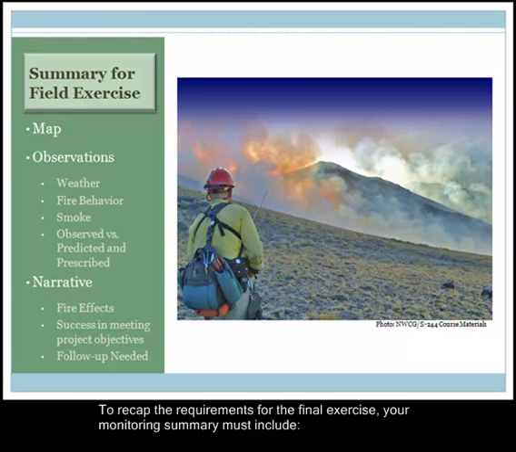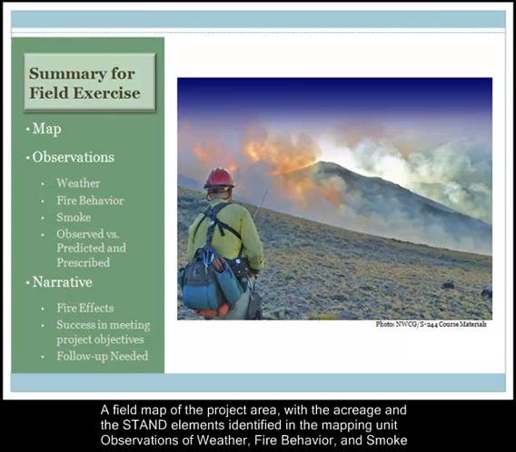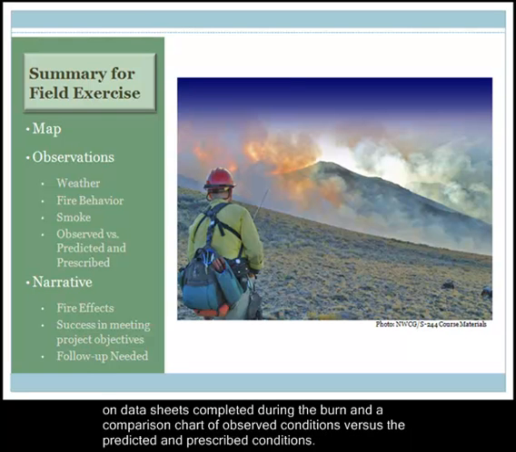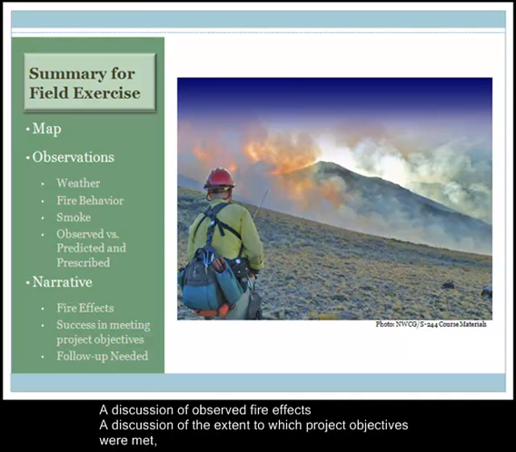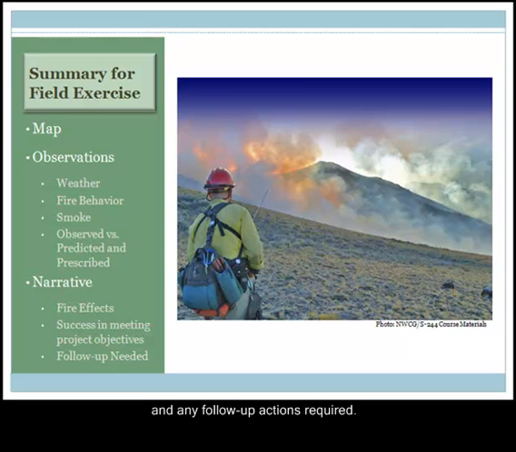To recap the requirements for the final exercise, your monitoring summary must include a field map of the project area with the acreage and the stand elements identified in the mapping unit, observations of weather, fire behavior, and smoke on datasheets completed during the burn, and a comparison chart of observed conditions versus the predicted and prescribed conditions, a 1 to 2 page narrative including the project name, date, location, and objectives from the burn plan, a discussion of observed fire effects, a discussion of the extent to which project objectives were met, and any follow-up actions required.